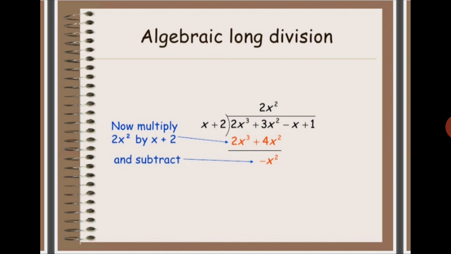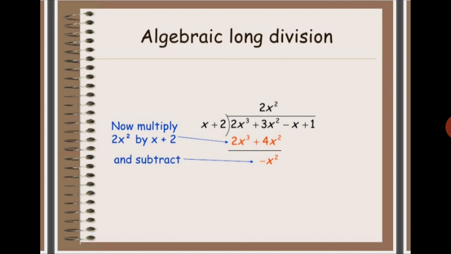So you have to subtract 2x cube and 2x cube, which gives you a 0. Now you will be subtracting 3x square and 4x square. You all know that the sign changes when we subtract. So 4x square becomes minus 4x square, and that is how 3x square minus 4x square gives you minus x square.